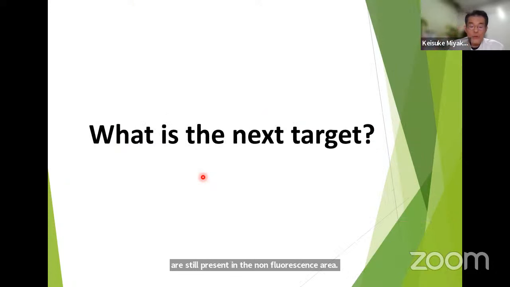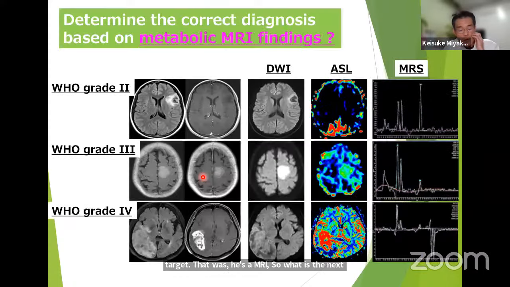So we need to decide a new and next intraoperative target that is neither MRI nor 5-ALA. So what is the next target? MRI also provides metabolic evaluation such as DWI, ASL, MRS. But it is difficult to determine the correct diagnosis based on these MRI findings.